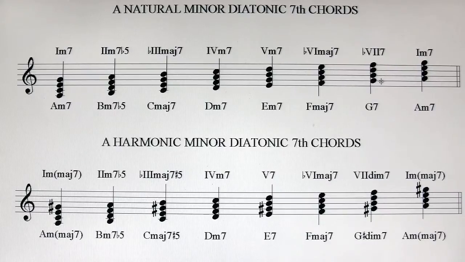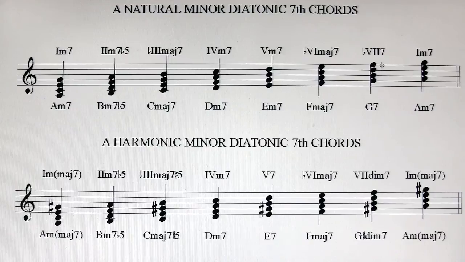So G is the first of the scale, B is the third, the major third, D is the perfect fifth, but this is an F natural. In the G scale, this is an F sharp, so that means this is a flatted seventh. So the formula for a dominant seventh is 1, 3, 5, flat 7.